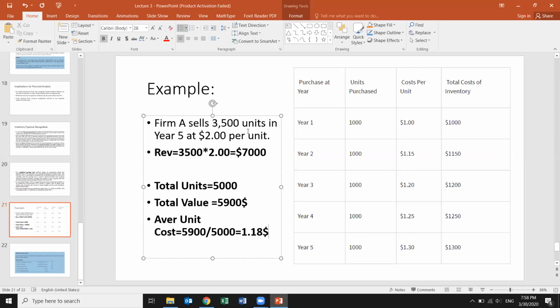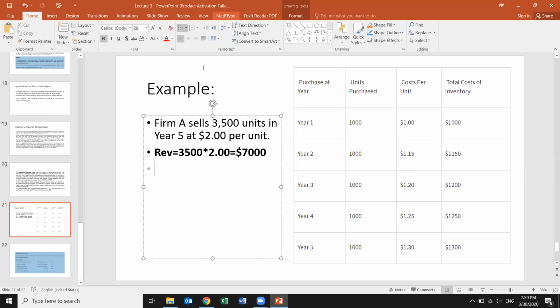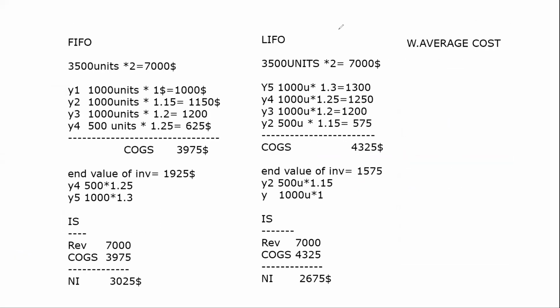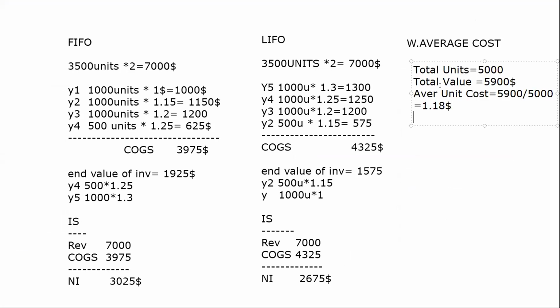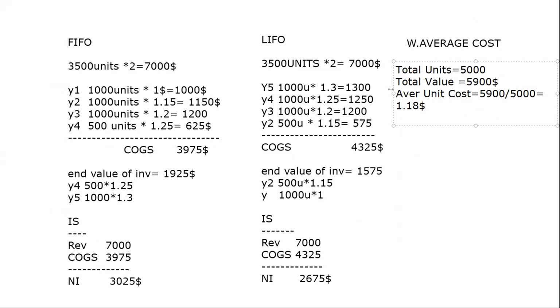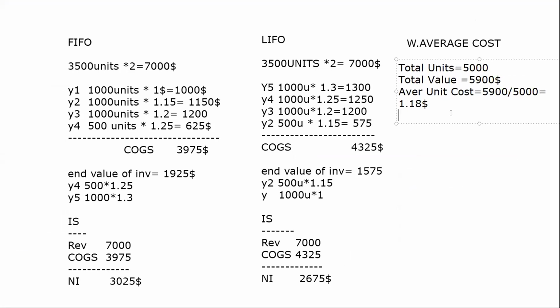Okay. Now, what is next? Let me just copy it. I will share the whiteboard. So our job is to calculate the 3,500 units sold times 1.18.